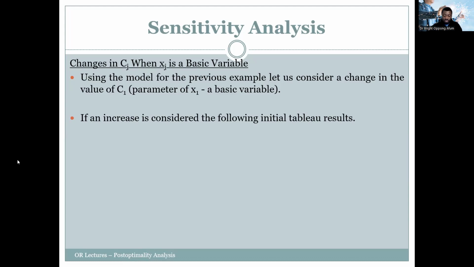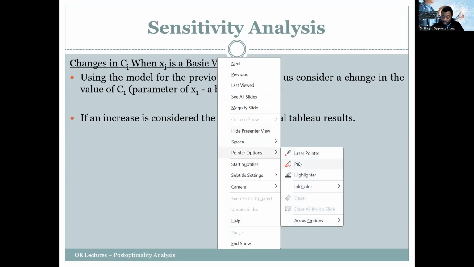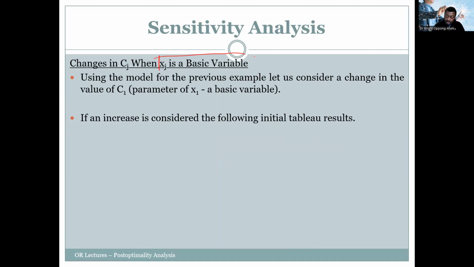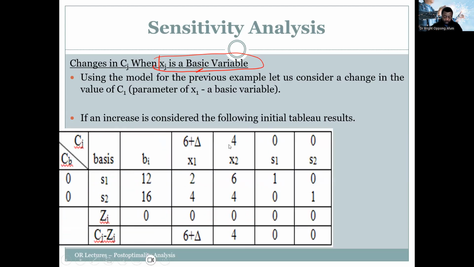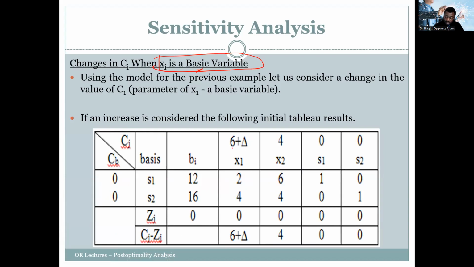All right. So now let's look at the changes in the ZJ when the value is actually in the solution basis, so when it is part of the basic solution, or it's a basic variable. So using the same model, if there is an increase in this, the initial value is 6, but now we are saying that it increases.